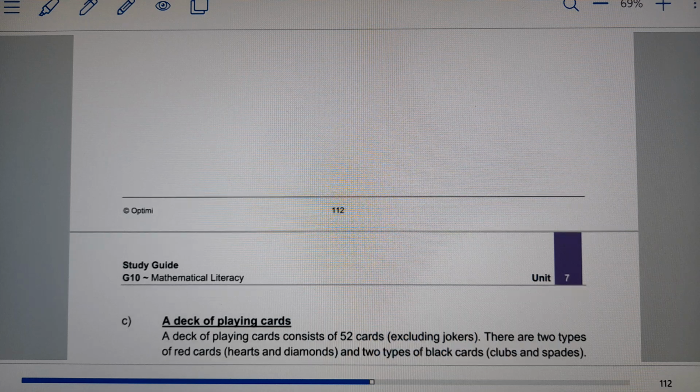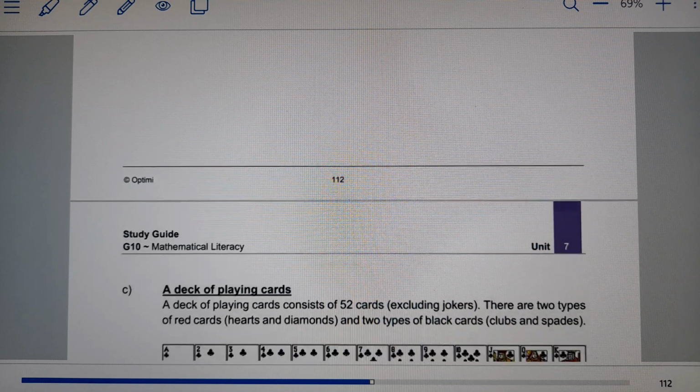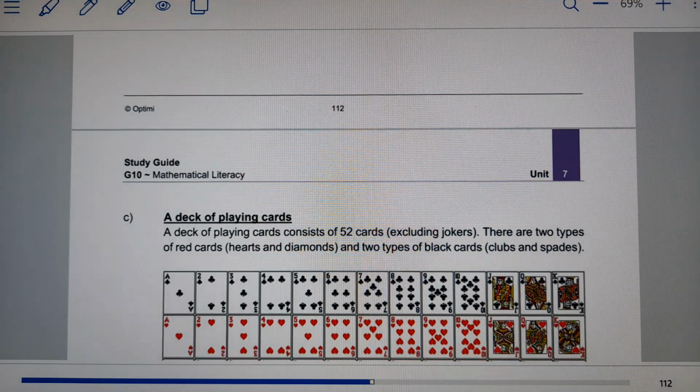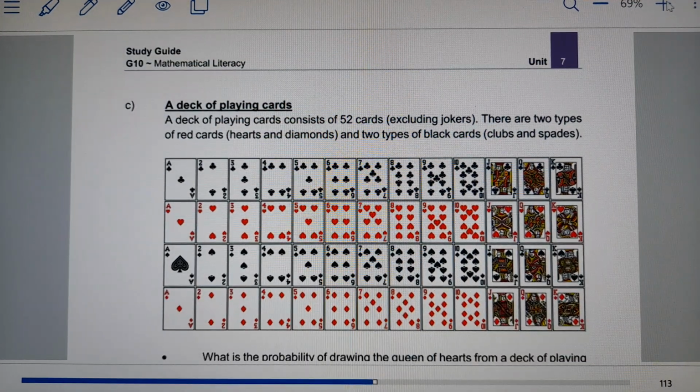Okay, so let's look at a deck of playing cards now. In a deck of playing cards, we have 52 cards, and we exclude jokers. Please know, when they just tell you about a deck of playing cards, you must know it has 52 cards. Okay, let me zoom this out.